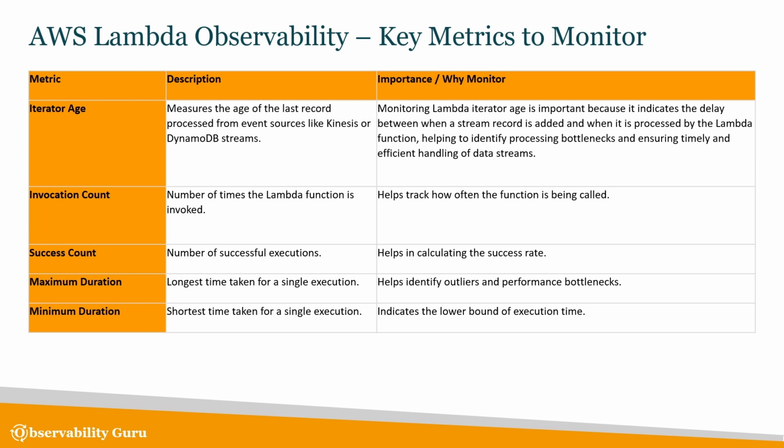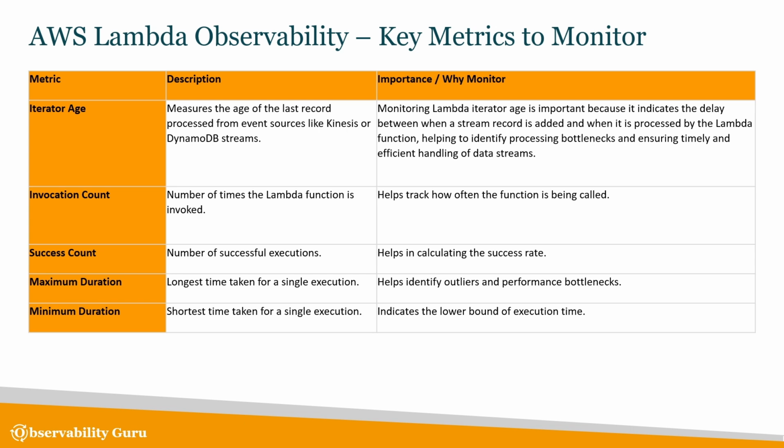And iterator age is again one of the key indicators because it allows us to identify the delay between when a certain record is added and when it is processed by AWS Lambda. This helps us understand some processing bottlenecks, and then we should be able to look at things and make improvements to improve overall performance.